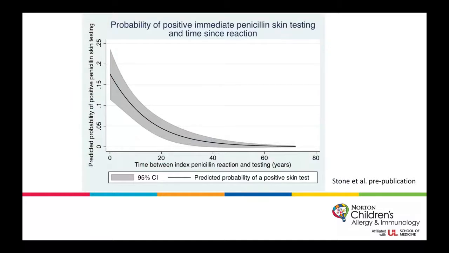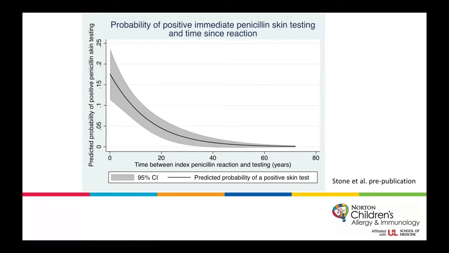So this is an interesting chart, and this is what I use to convince, especially my older adolescents and teenagers who are not convinced that they've grown out of their penicillin allergy. Along the x-axis is the time between the penicillin reaction and testing, and along the y-axis is the predicted probability of positive penicillin skin testing.